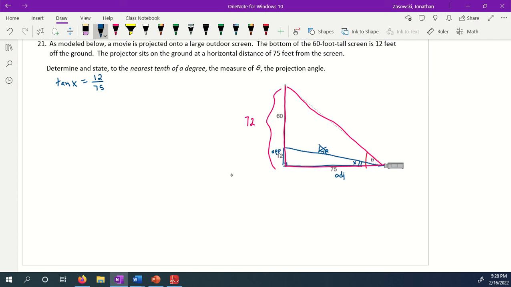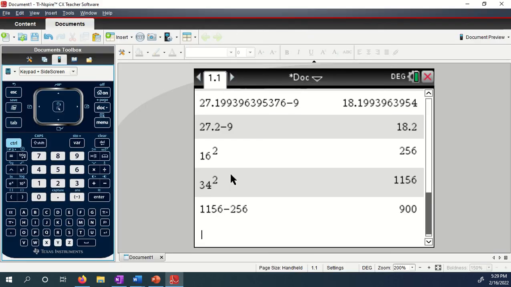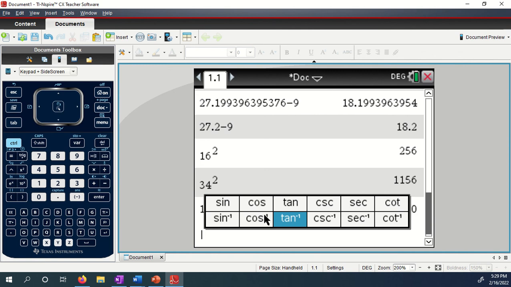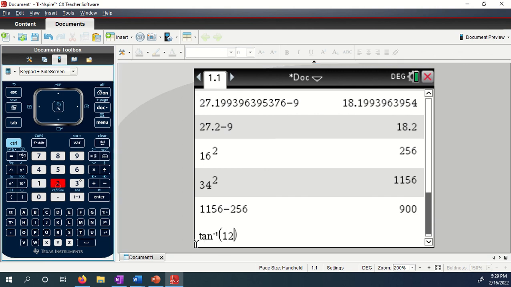And remember, we're looking for x, so we're going to use tangent inverse, okay, of tangent x. And then the tangent inverse of that 12 over 75 here. So these are going to undo. We take our calculator, trig, tangent inverse, 12 over 75.